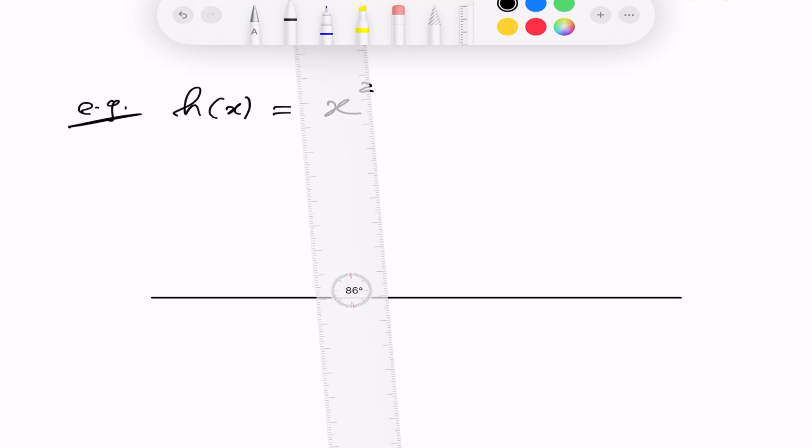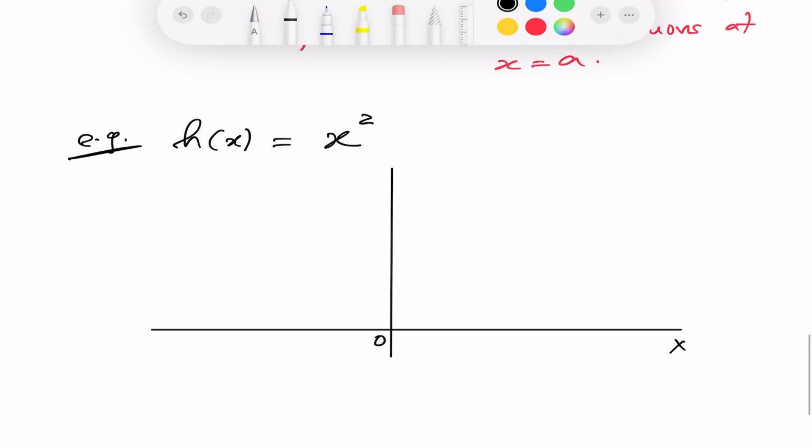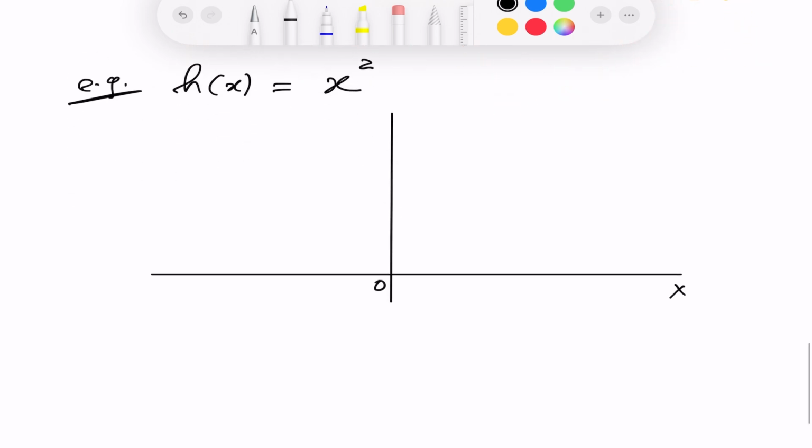So these are my axes. We need to show the origin, label the x-axis, label the y-axis. All right, let me go ahead and draw the graph of the function. It will be like that. Let's say I'm interested in a point like this.